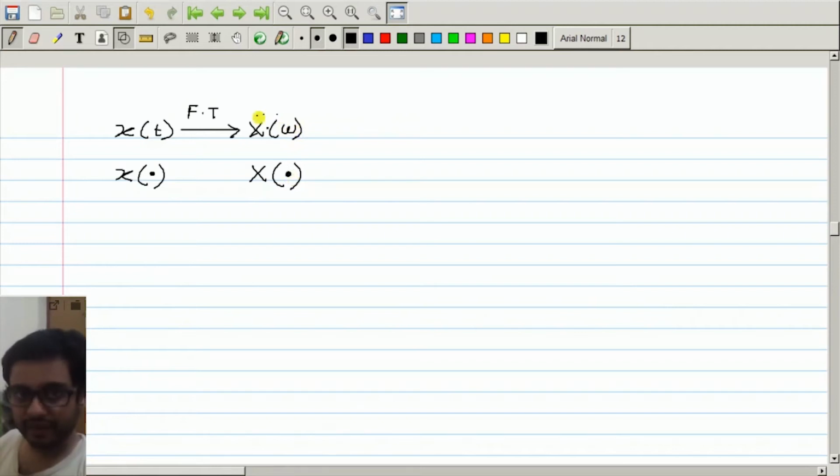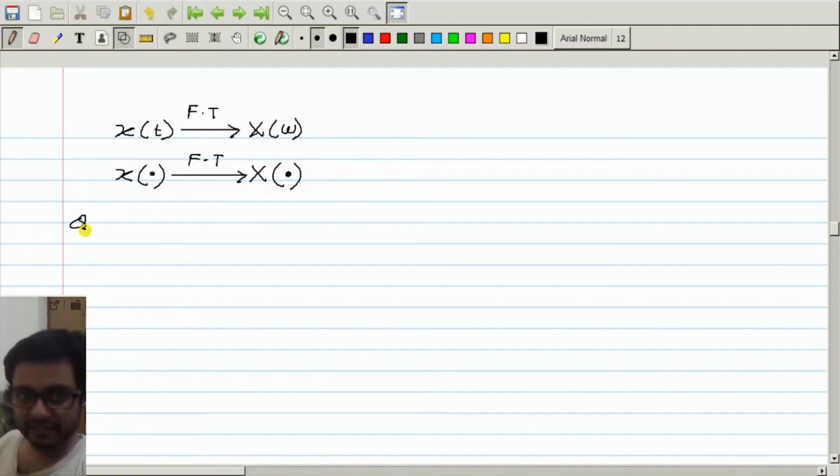We know the variable here in this case is omega, but consider x just as a function, sine or cosine or something, without telling what is the independent variable. Now, between small x and capital X, the connection is that this capital X is the Fourier transform of this small x.